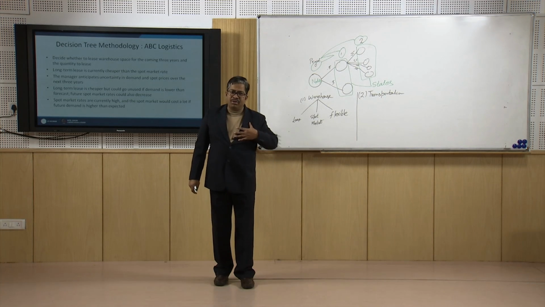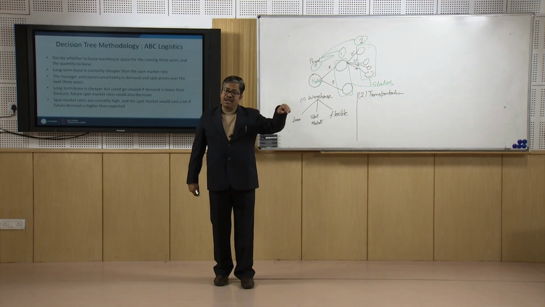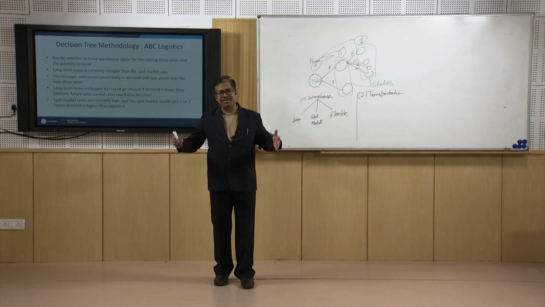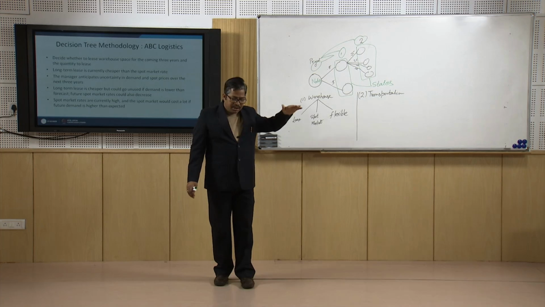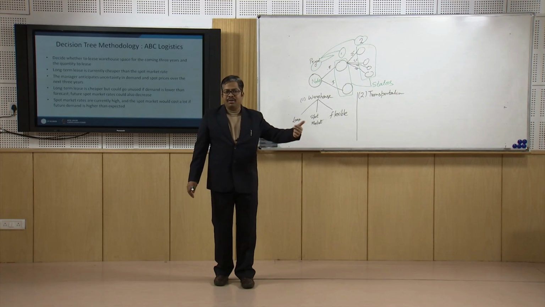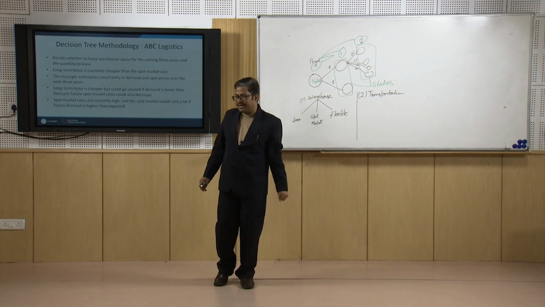So, today it may look costlier to go for the spot market, but since there is a possibility that my demand can also decrease, if I take more space, that space may go unused. And another possibility is, today the spot market price is high, but if tomorrow it goes down, that may also make the spot market attractive.